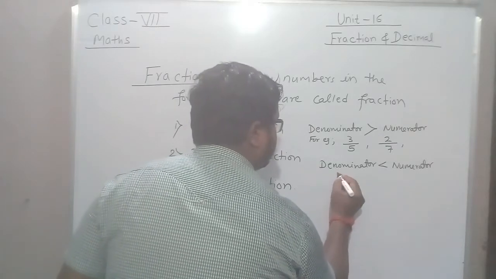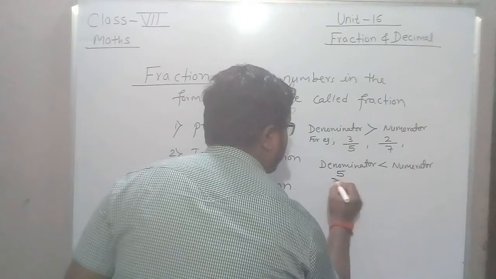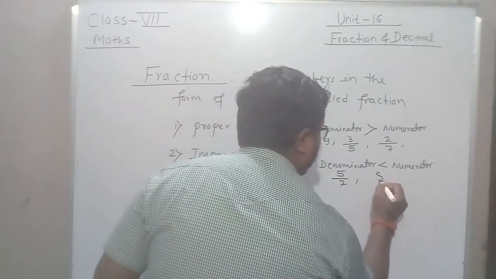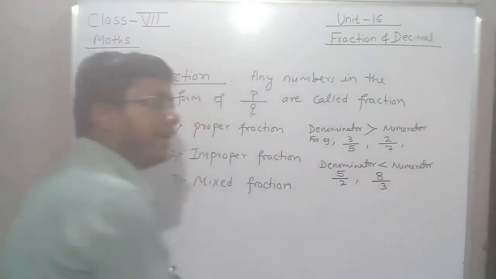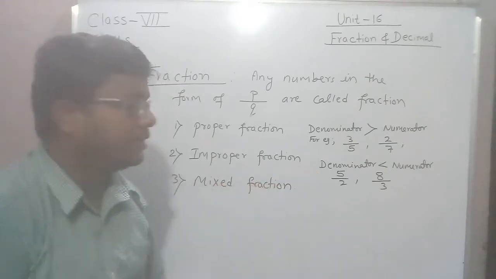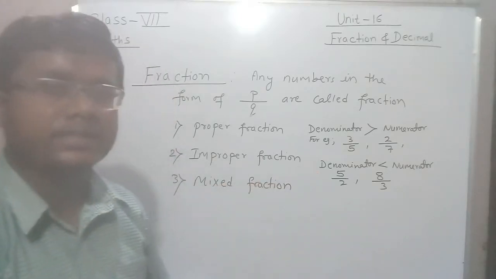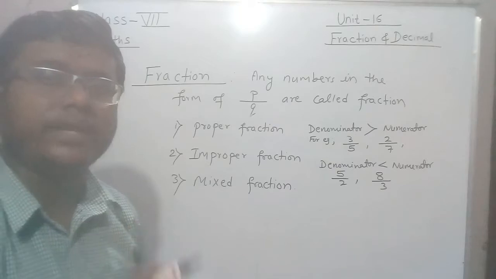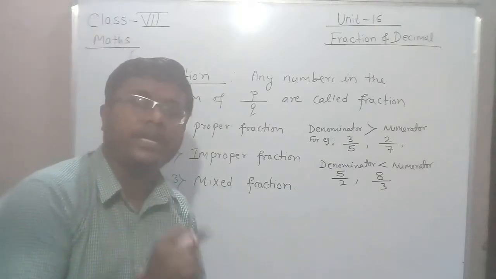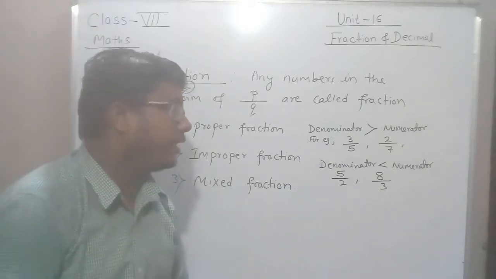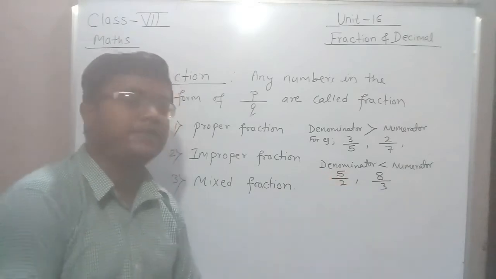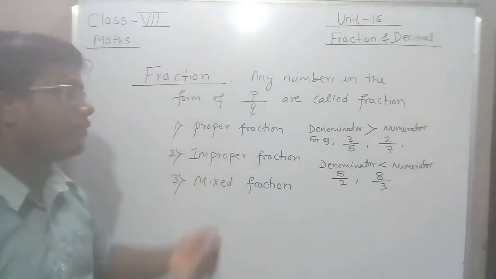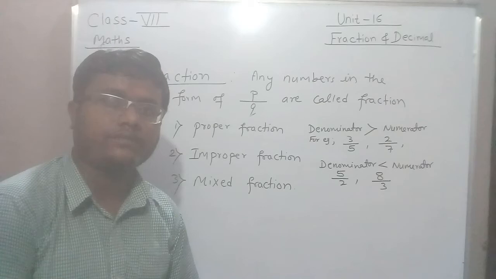For example, 5 upon 2, 8 upon 3. In such a type of fraction the denominator is less than the numerator. If the denominator is less than the numerator, then that type of fraction is called an improper fraction.